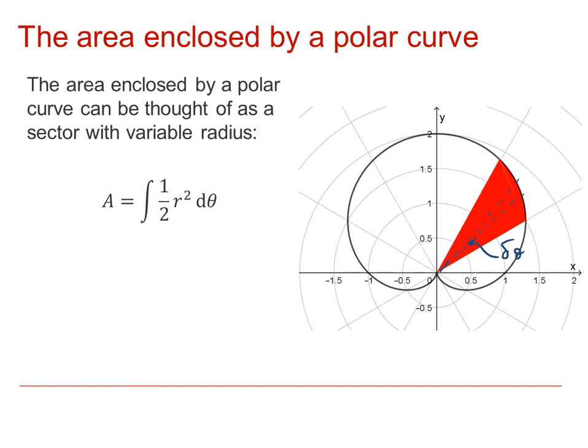So the area of this element is going to be 1/2 r squared delta theta. So that the full area will be the sum of that.